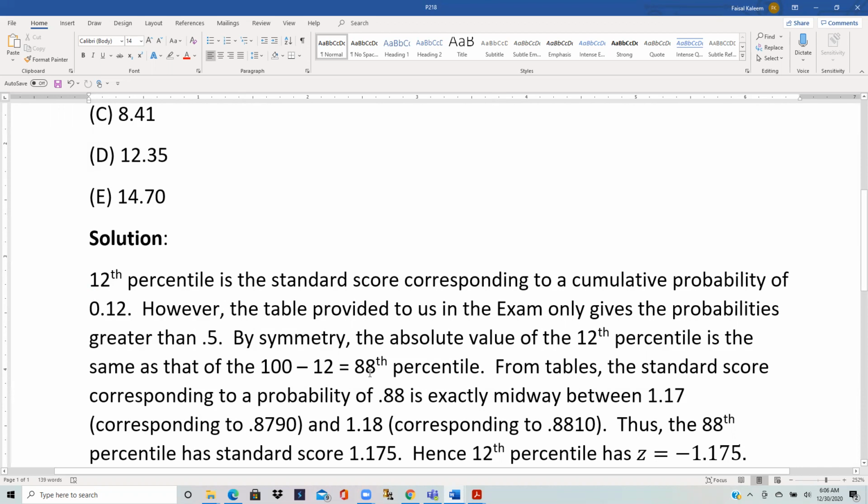So what that means is that the z-value that corresponds to a cumulative probability of 0.88 is the same in absolute value as the z-value that corresponds to a cumulative probability of 0.12. So let's see what's the z-value that corresponds to 0.88, the 88th percentile.